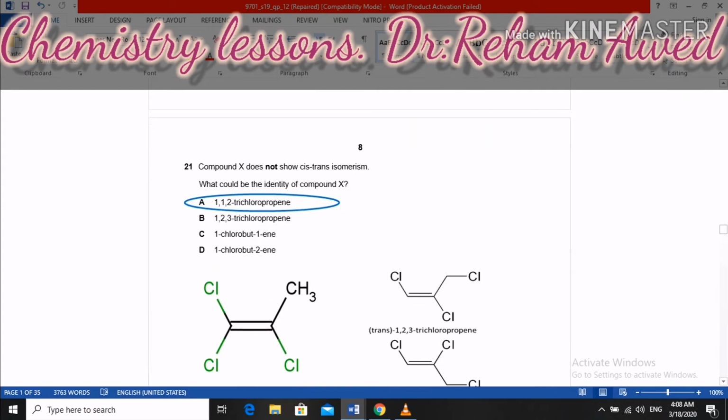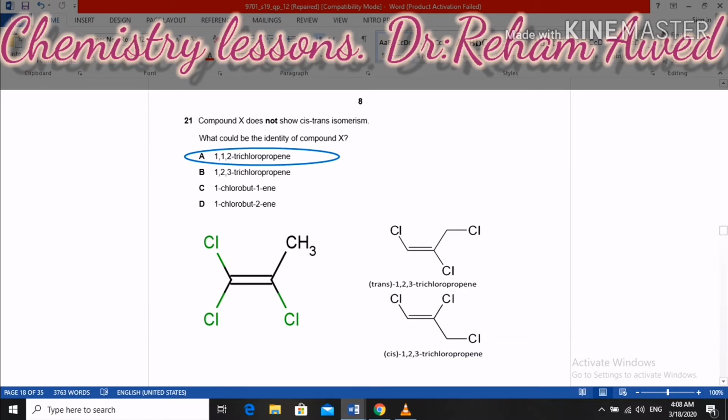Compound X doesn't show cis and trans isomerism. What could be the identity of compound X? At first you must know about cis and trans isomerism. To find it, we are looking for alkenes. We are looking for compounds containing a C double bond C, because in the case of alkenes, the double bond contains two carbon atoms restricted in their position.